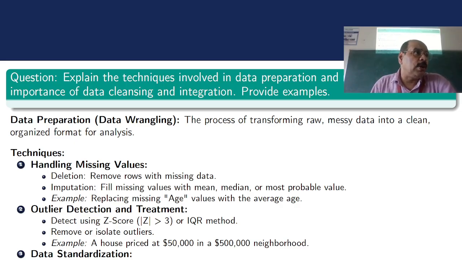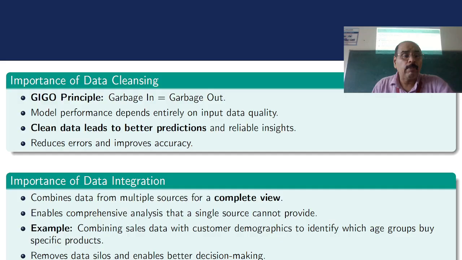One is called z-score and the other one is called min-max, right? Which we have discussed in the previous classes.